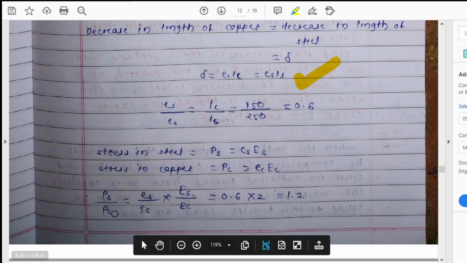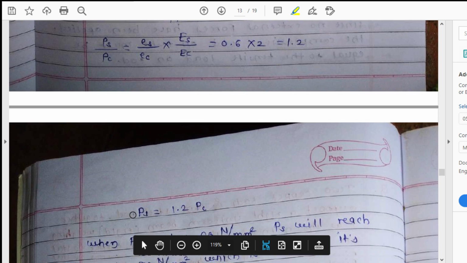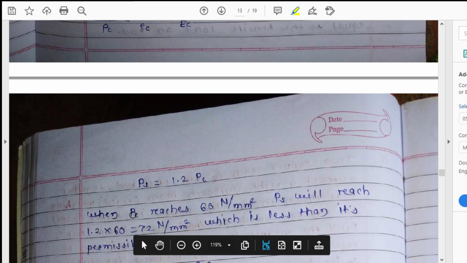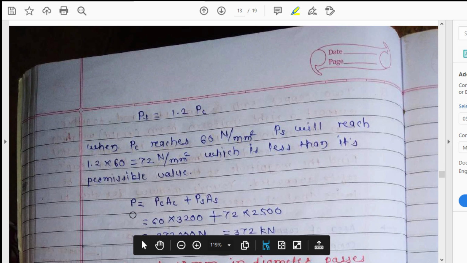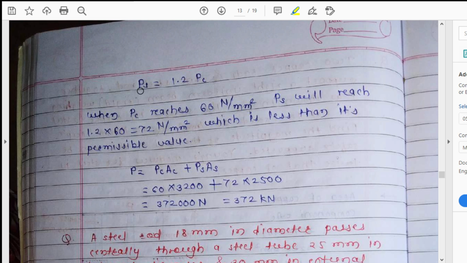By multiplying this, you'll get the stress ratio as 1.2. That is, stress in steel will be 1.2 times stress in copper.